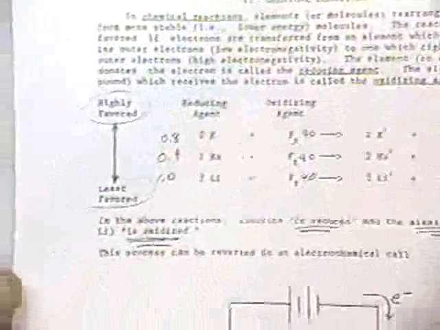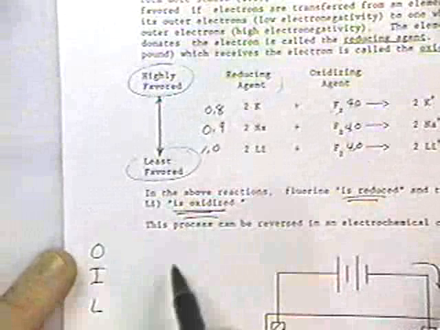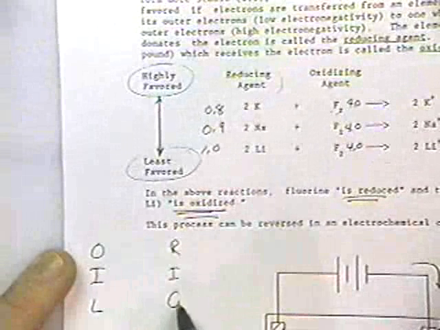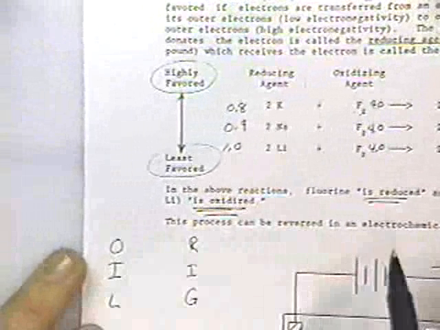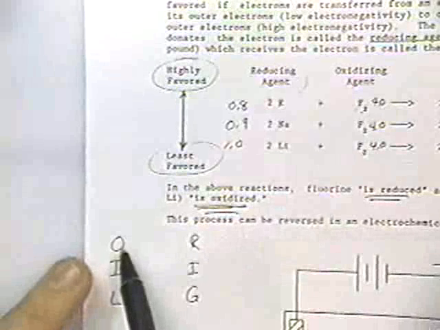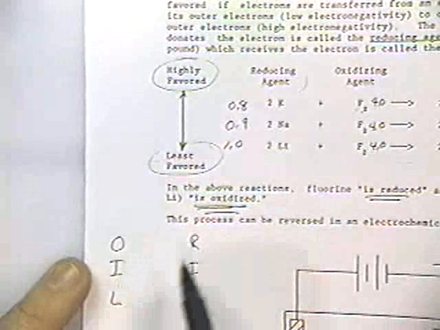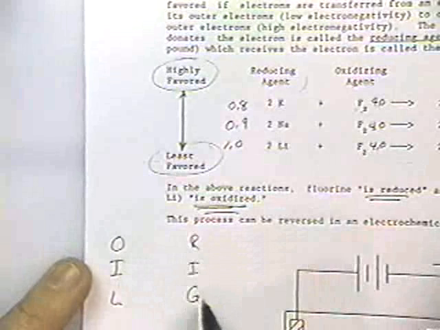Now there's a little mnemonic device that can help you here. It's called OIL RIG. What we're doing now is we're talking about loss or gain of electrons. To be oxidized is to lose electrons. To be reduced is to gain electrons.